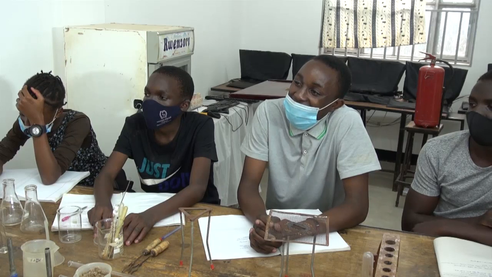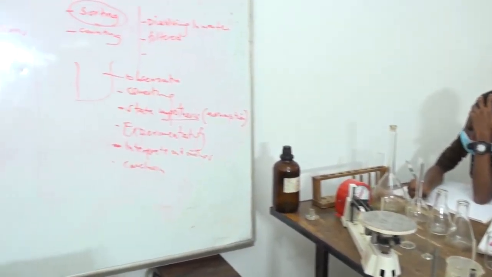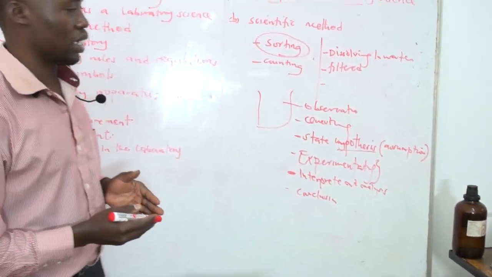A scientific method is an experiment that is done by a person to interpret an observation in the laboratory. Okay, thank you. Now, in summary, maybe you can note down from our conclusive discussions.